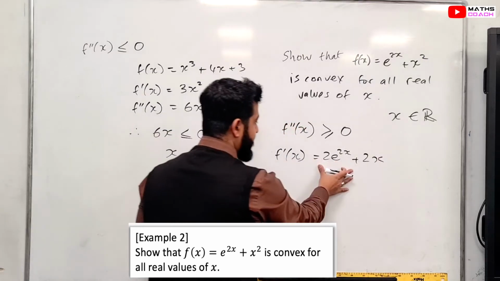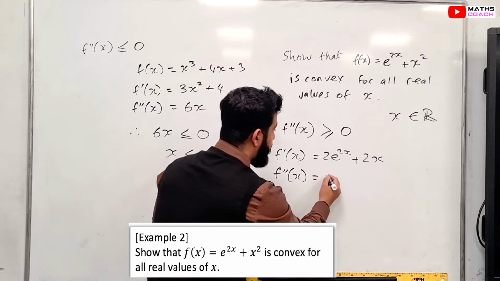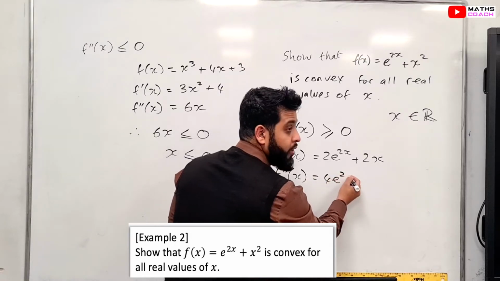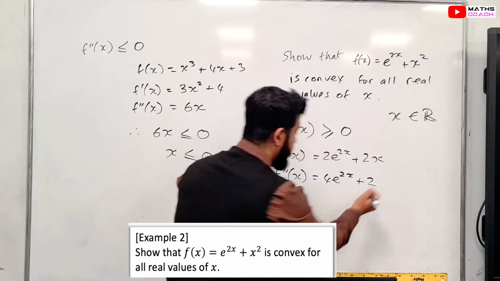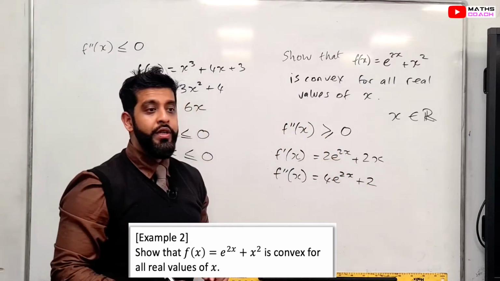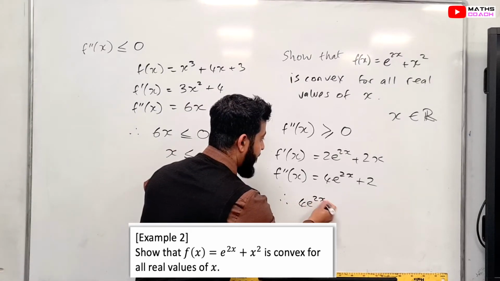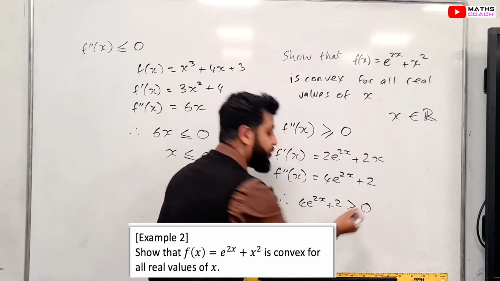Okay, so that's the first derivative. The second derivative will be 4e to the 2x plus 2. And this is now going to be made to be greater than or equal to 0. So therefore, 4e to the 2x plus 2 will be greater than or equal to 0.